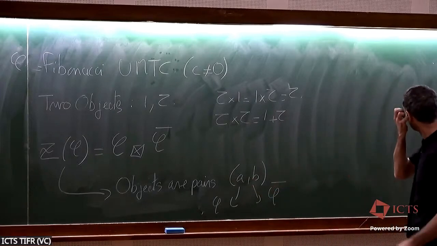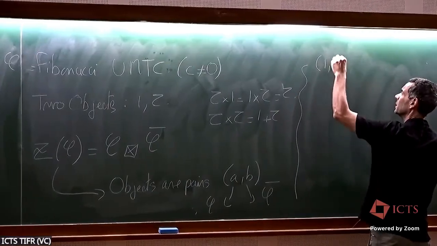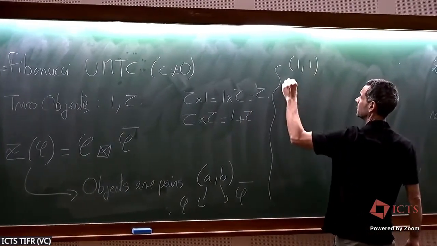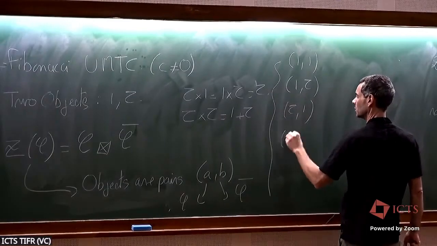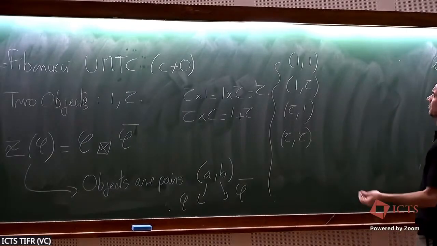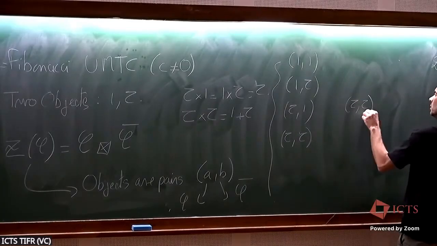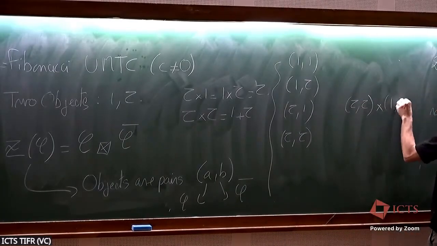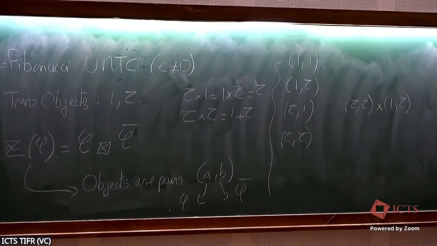Okay. So now you may ask, how do I fuse that? So I have my four objects: one, with a bar, but I just remove it here, one, tau, one, tau. These are my four objects in my Drinfeld center. And if I want to fuse, for instance, tau one with tau one, what do I get?